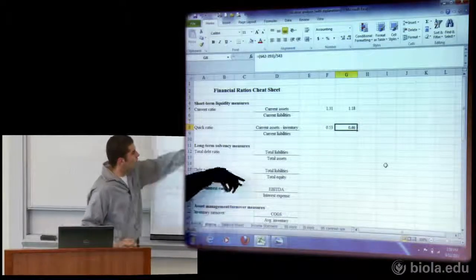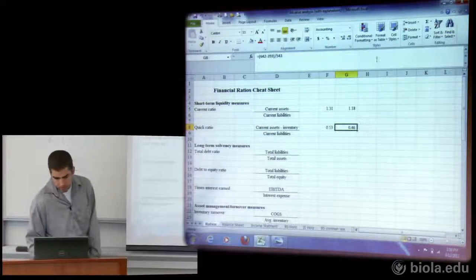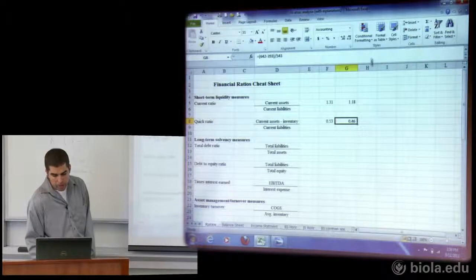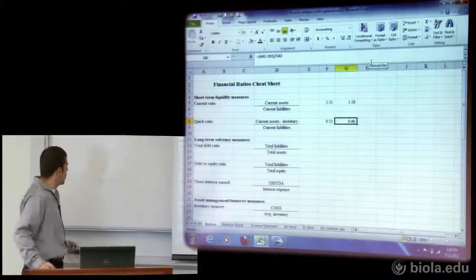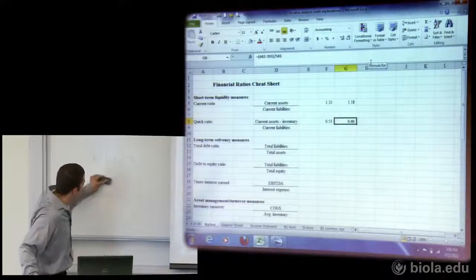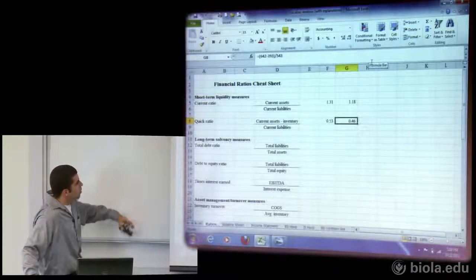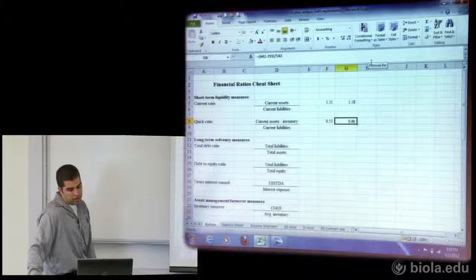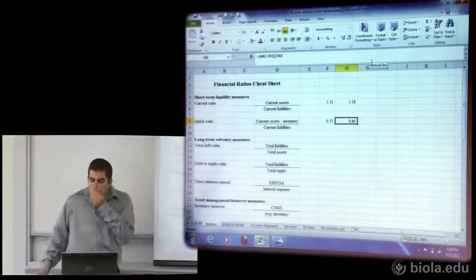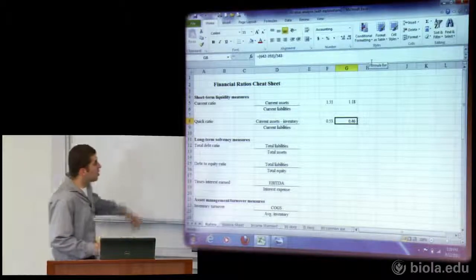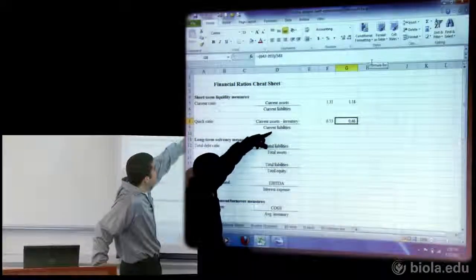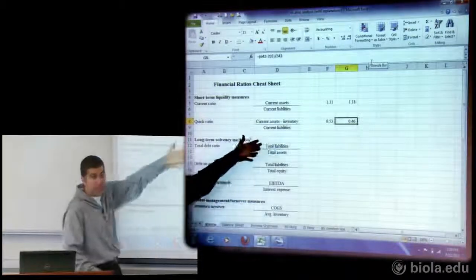0.46. Okay, so are we improving or are we getting worse here? We're getting better. Okay, so we would hope that, that would be quick ratio. What kind of goal are we shooting for here? That's something we're trying to figure out. So would we expect it to be above or below current ratio? Below, yeah. It's going to be below because inventory is a positive number here. So this is always going to be lower than that, assuming you have any inventory.